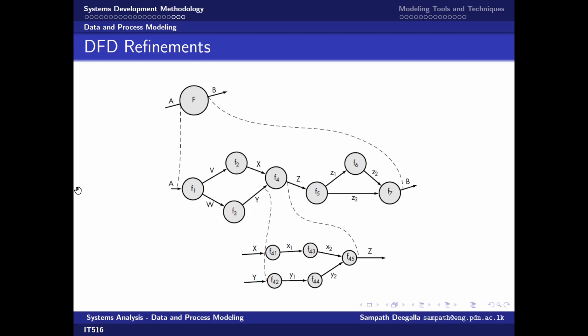So when you look at a very high level, then you have a context diagram. Then you will have level 1, level 2, and so on, different levels of detail.